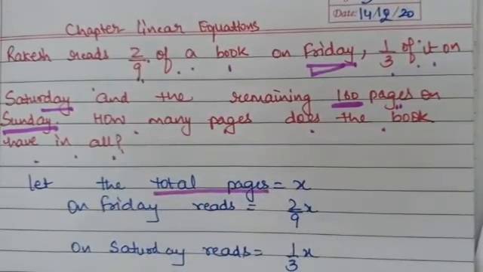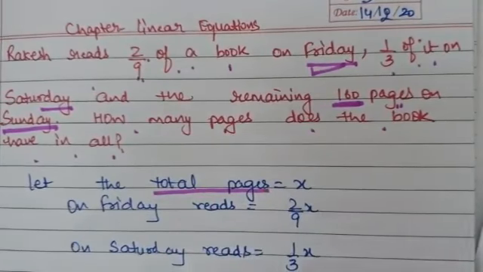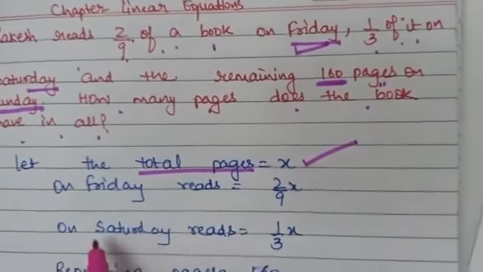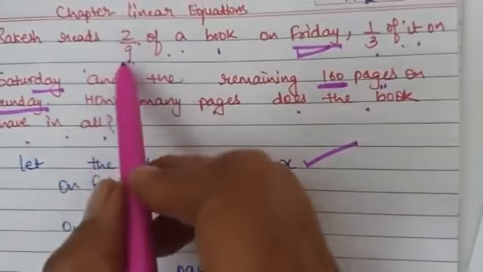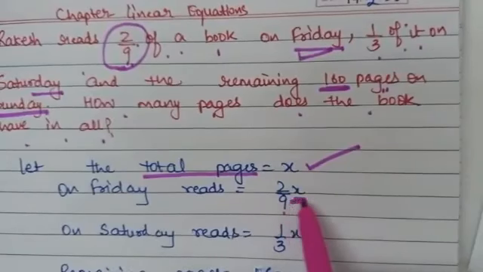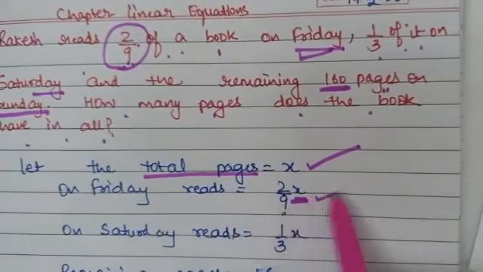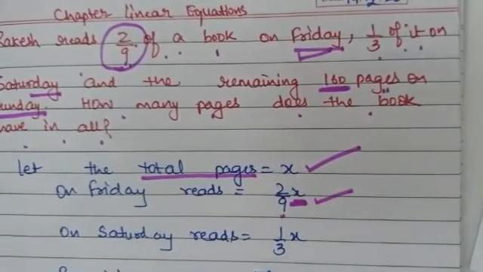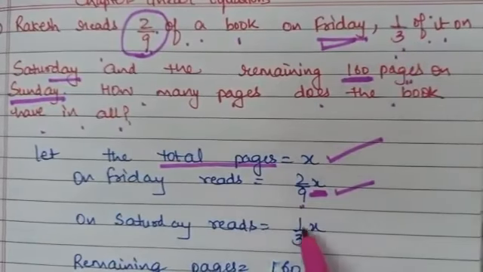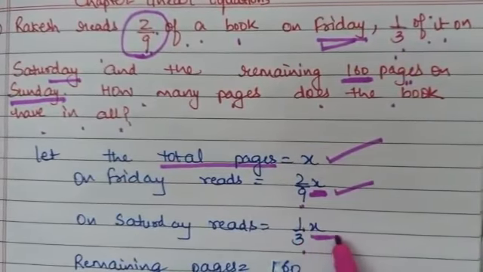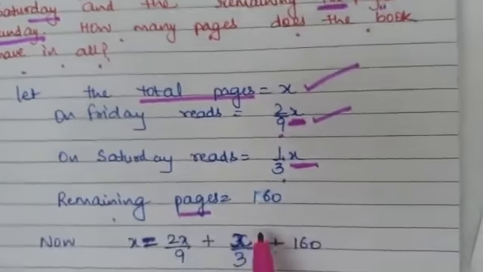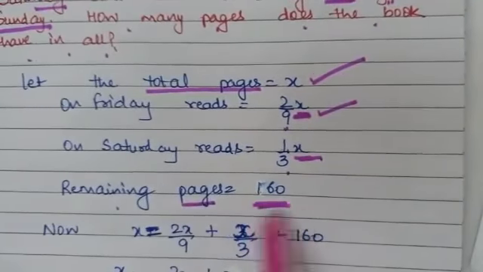So, first of all, let us take the total pages to be X. Now on Friday, he reads 2 by 9 of the book, that is 2 by 9 of total pages, 2 by 9 of X. On Saturday, he reads 1 by 3 part, means 1 by 3 of total pages. And the remaining pages left are equal to 160.